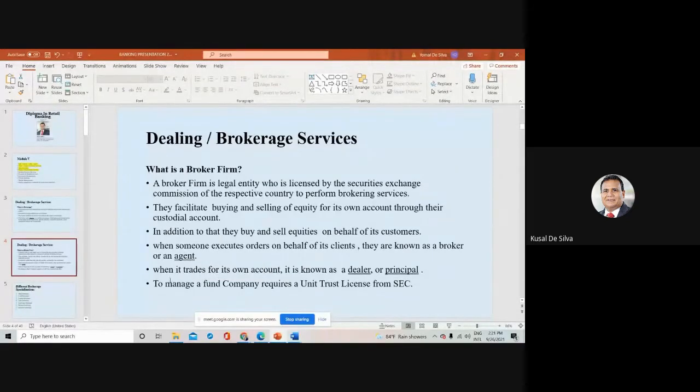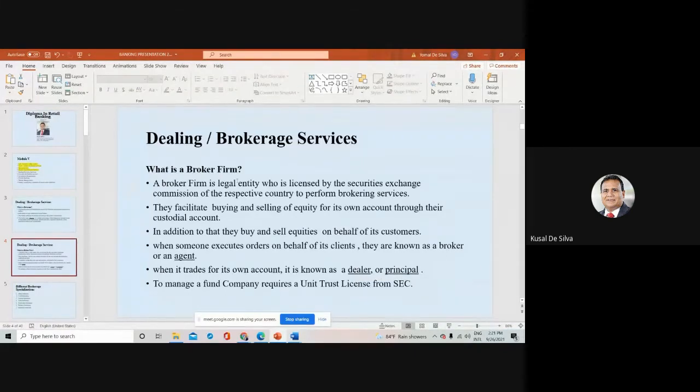Then when it trades for its own account, it is known as a dealer or a principal. If you are trading on behalf of a client, you are known as a broker or agent. If you are trading on your own, you are known as a dealer or a principal.